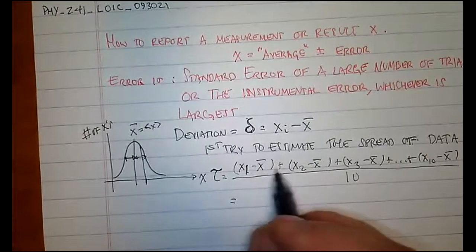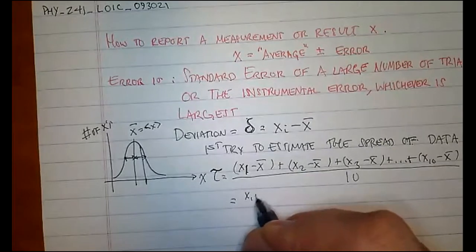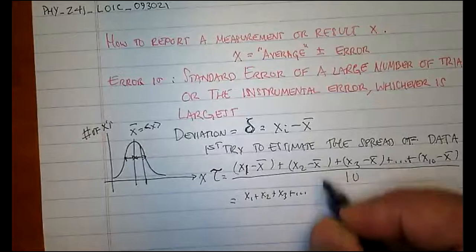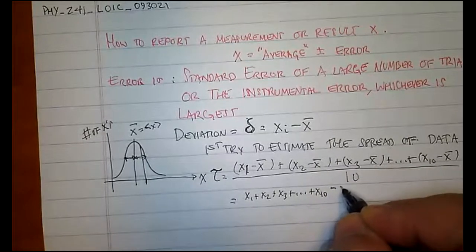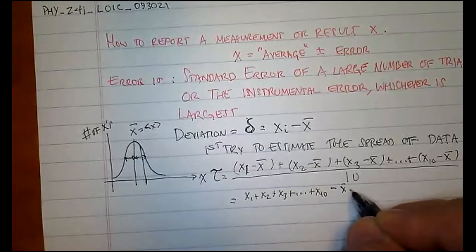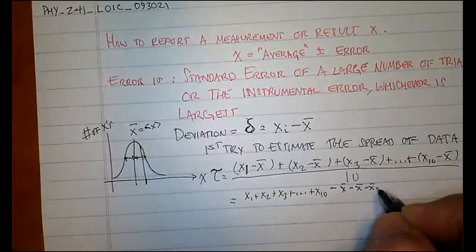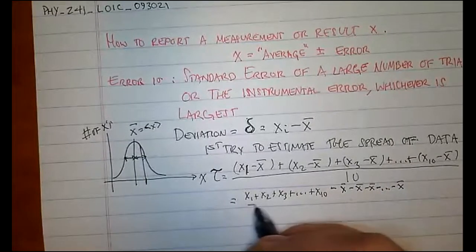If I wrote this without parentheses, what I'd actually get is x1 plus x2 plus x3 plus up to x10, minus x bar minus x bar minus x bar, and so on, minus x bar, all over 10.